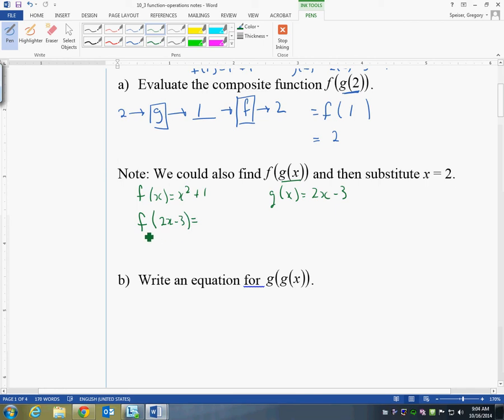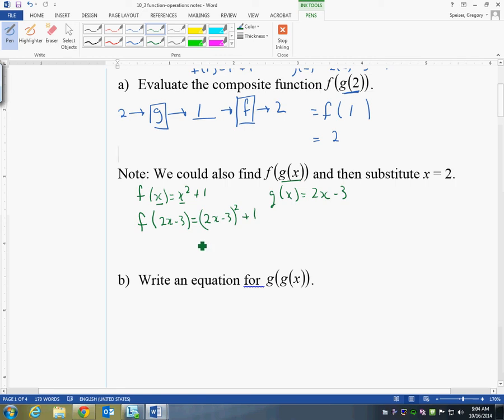So f of g of x is the same thing as f of 2x minus 3. Following along, everywhere where I saw x, that gets squared. So instead of an x, I'm going to write 2x minus 3, so I write 2x minus 3 all squared plus 1.